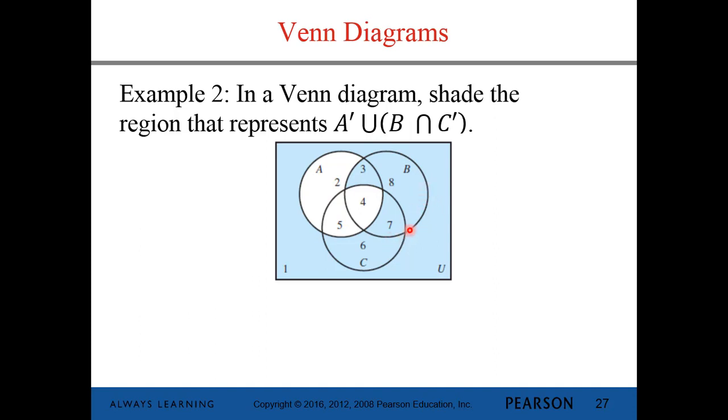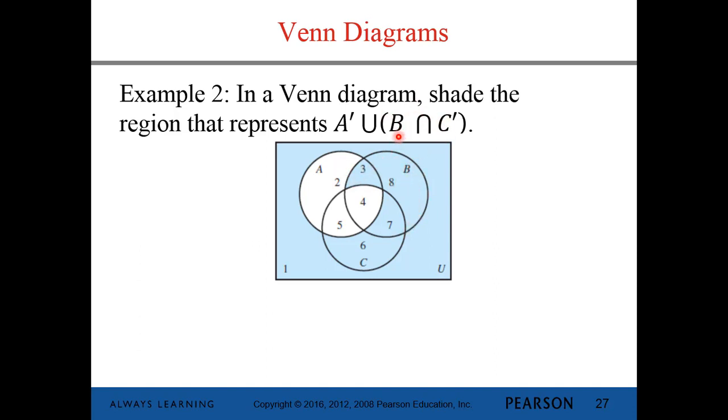Not C is everything outside of the circle. So the intersection of everything that's outside of C and everything that's inside of B is going to be this half moon area right in here. Everything inside there is this piece right here.